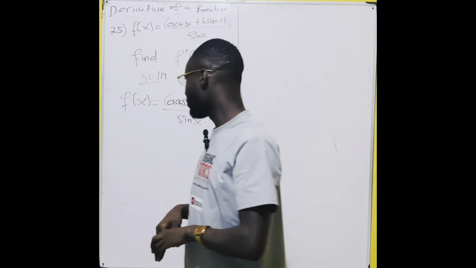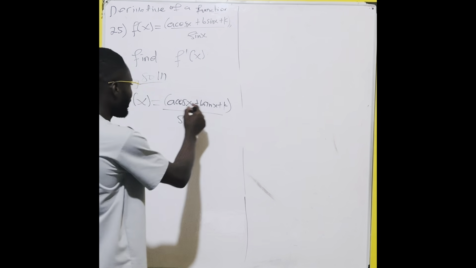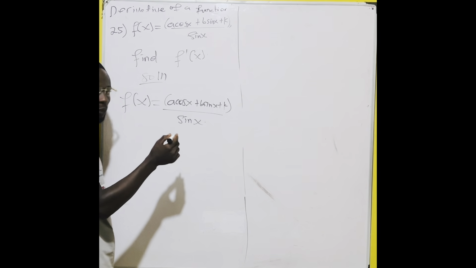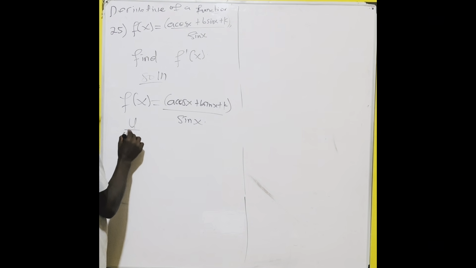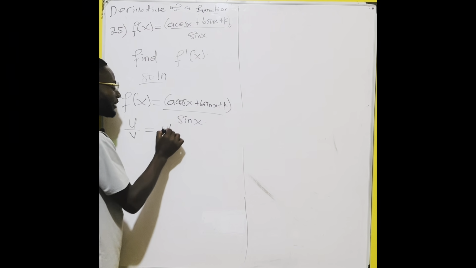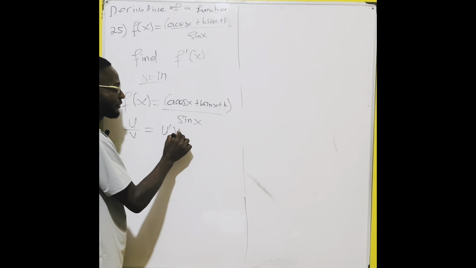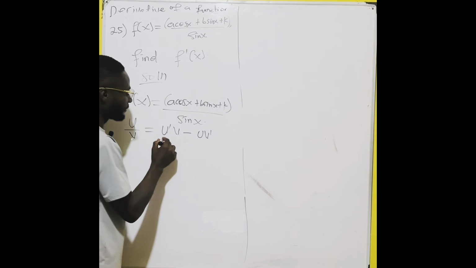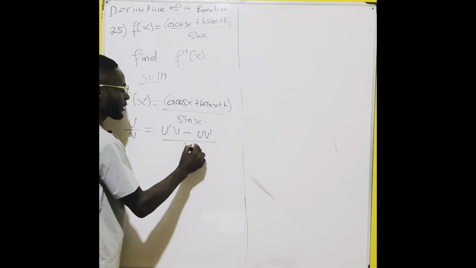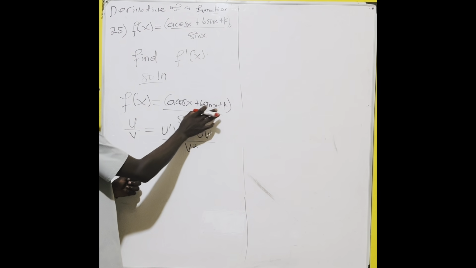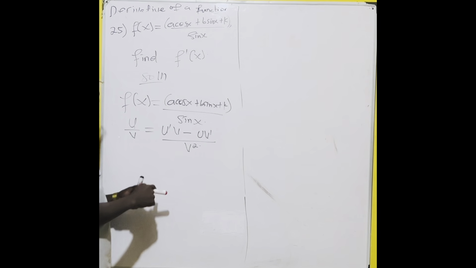It says: first differentiate the first function, maintain the second function, minus keep the first function, differentiate the second function, divided by the square of the second function. So let's identify our u and our v.